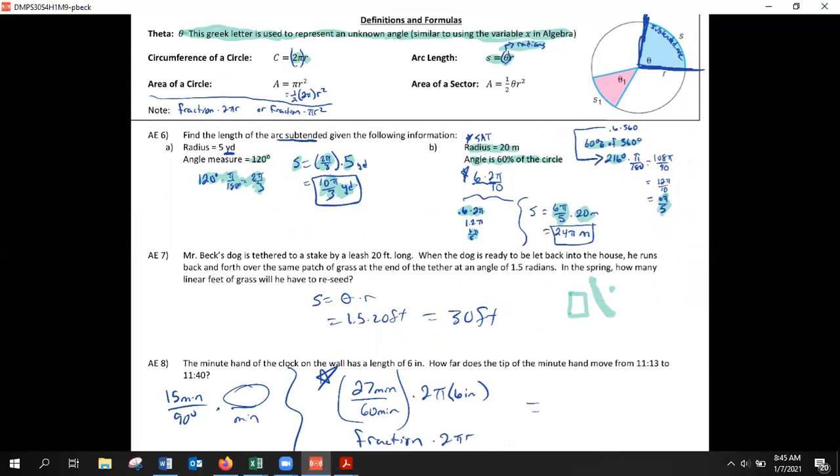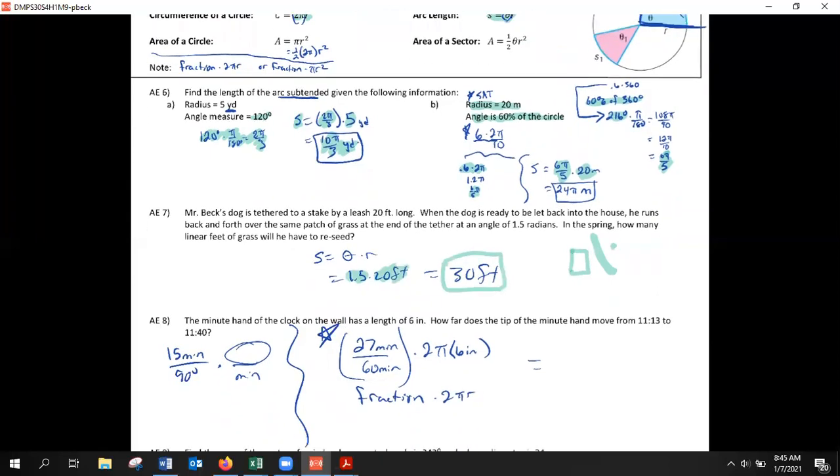And of course, yes, this dog did wear a big path of dirt in the grass. So the dog runs over this 1.5 radian angle. How many linear feet of grass will I have to reseed? My angle is 1.5 radians, times a radius of 20 feet. So that is 30 feet of linear grass that I had to do.